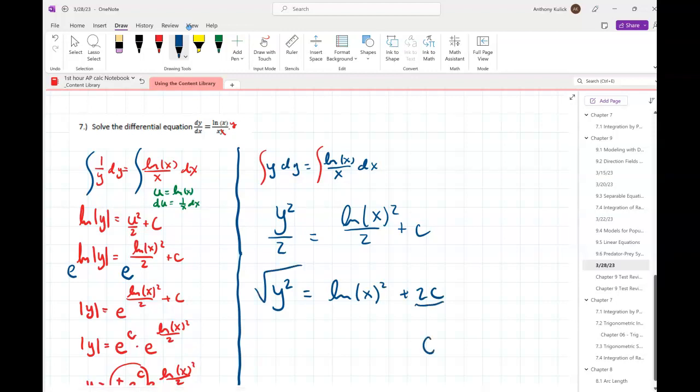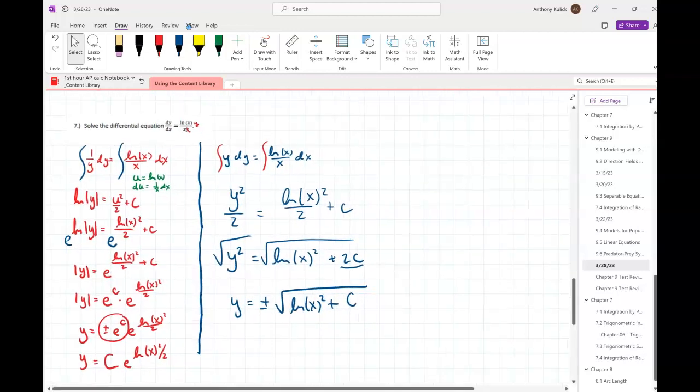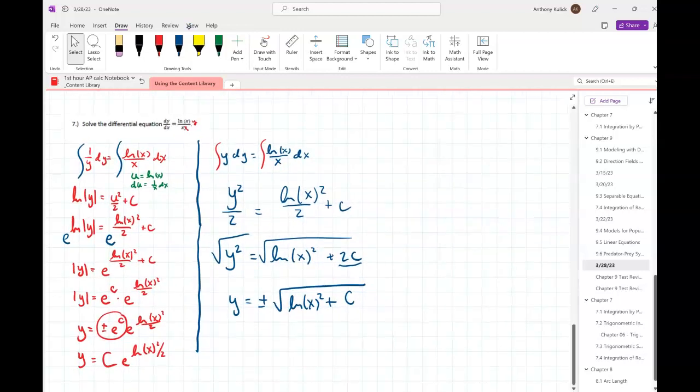And then we'll square root both sides. And you write that. So whether you did the question I meant to do or the question that was written down, there's the answer for both of them.